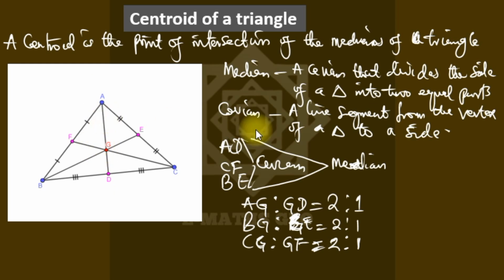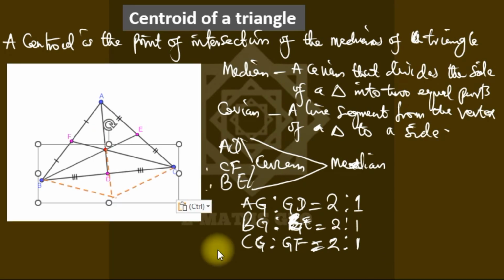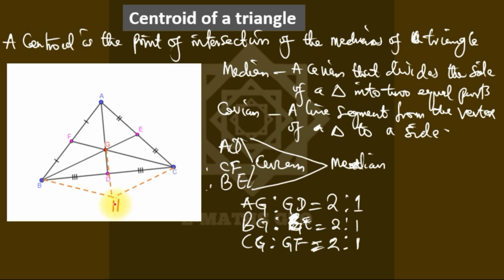So let me introduce them. Let's call this H. So AG is equal to GH.